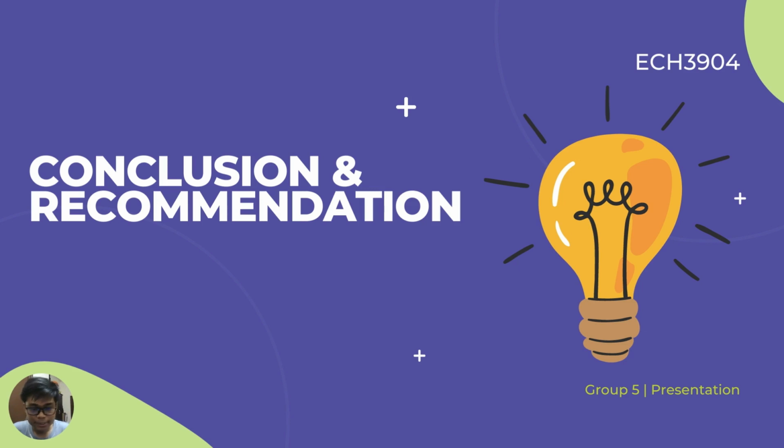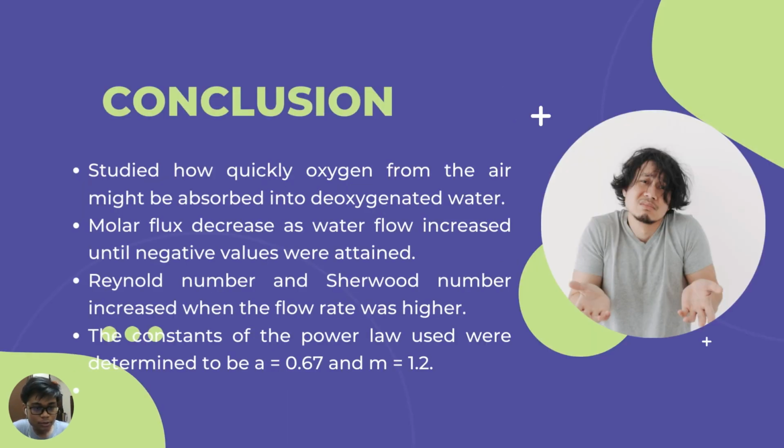So now let's look at the conclusion and recommendation for our experiment. So the falling film experiment investigated how rapidly air oxygen may enter the oxygenated water. As water flow increased, the molar flux decreased until negative values were obtained. And where the flow rate was larger, the values of the Reynolds and Sherwood numbers were increased.